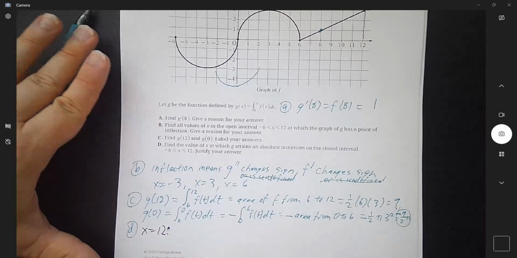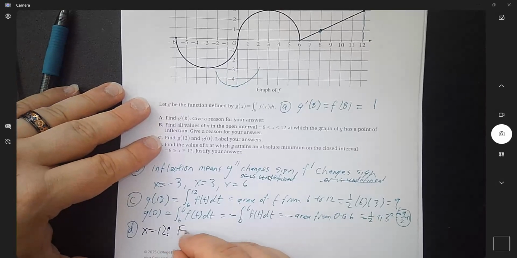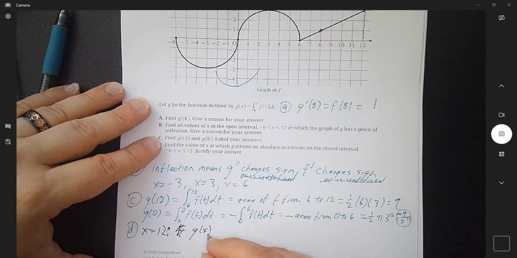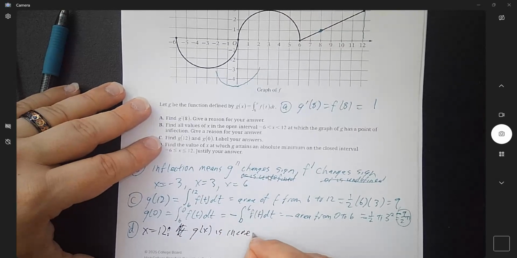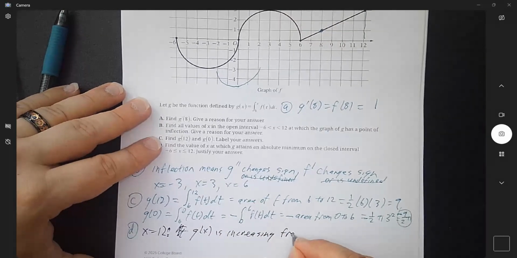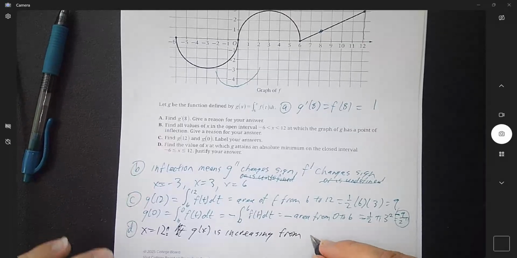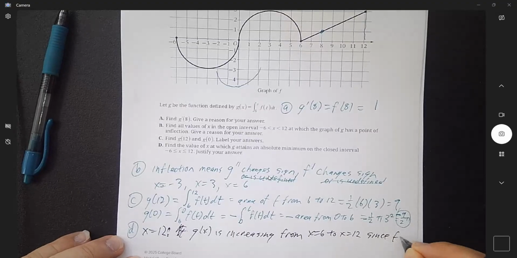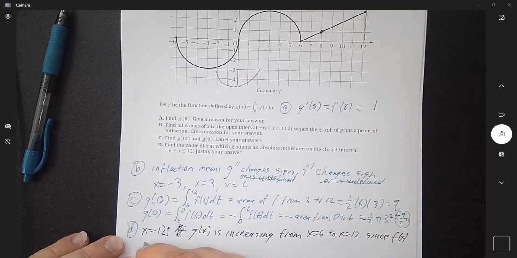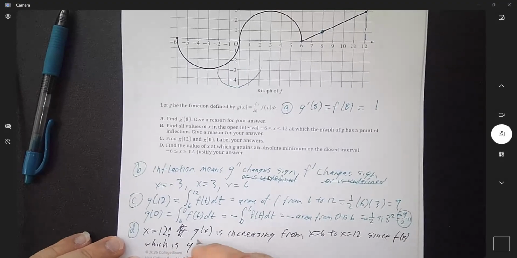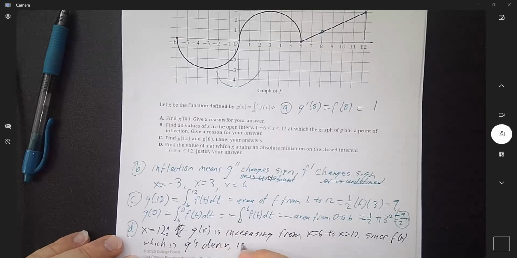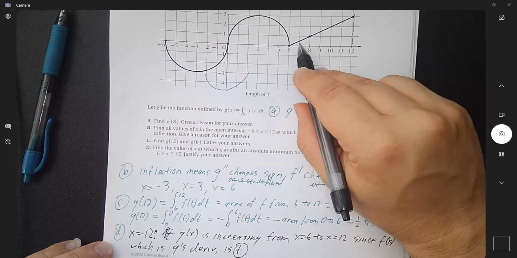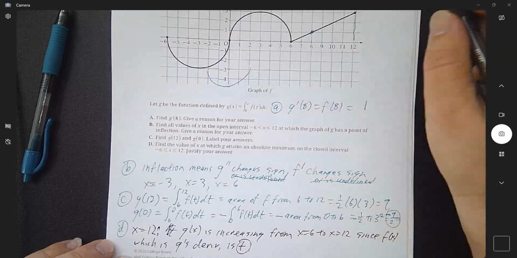And here's how I know. g of x is increasing from x equals 6 to x equals 12, since f of x, which is g's derivative, is positive.